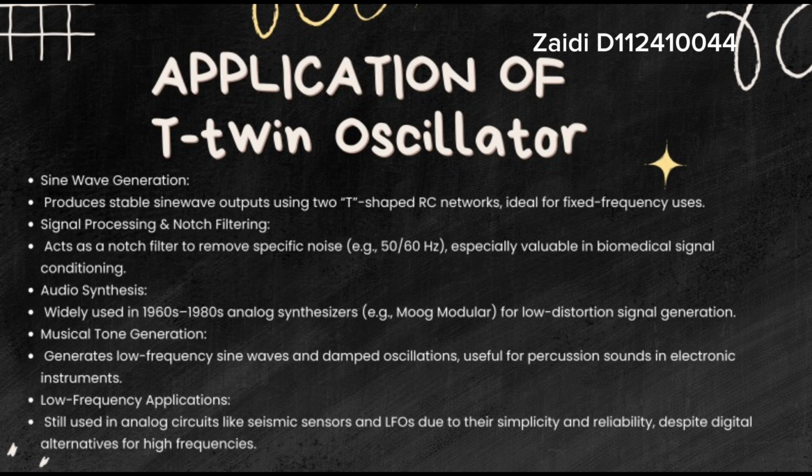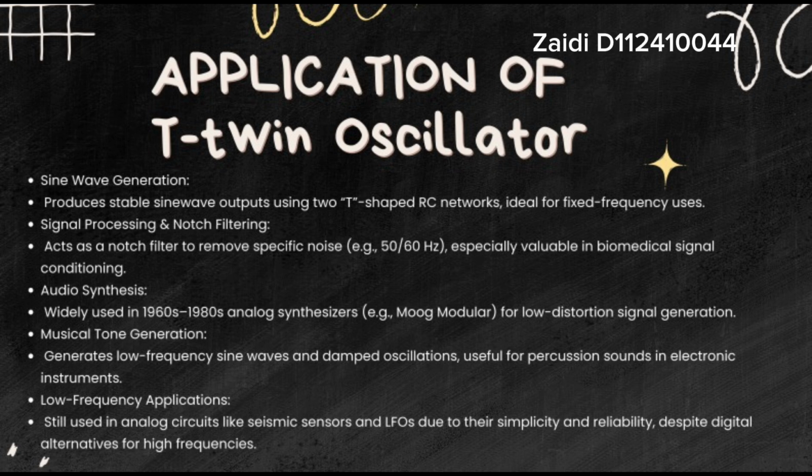One of its key applications is in notch filtering. It can effectively eliminate specific unwanted frequencies such as the 50 or 60 Hz hum from power lines. This is especially helpful in biomedical signal processing where clarity and accuracy are critical, for example, in ECG or EEG systems.